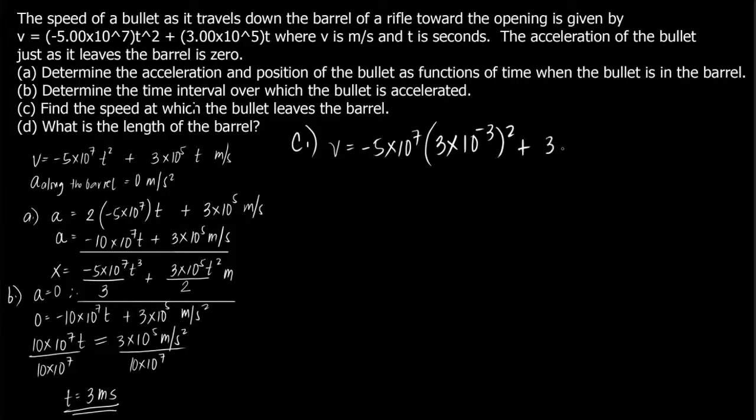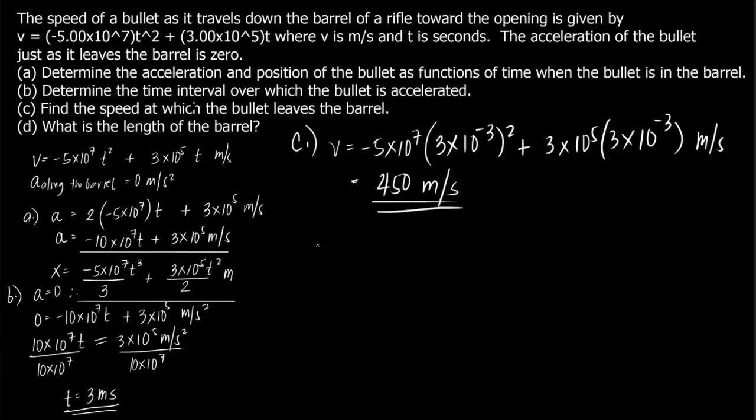Plus 3 times 10 to the 5th times 3 milliseconds, so 3 times 10 raised to negative 3. This is in meters per second. If you substitute everything, you should get 450 meters per second. So that's for letter C.